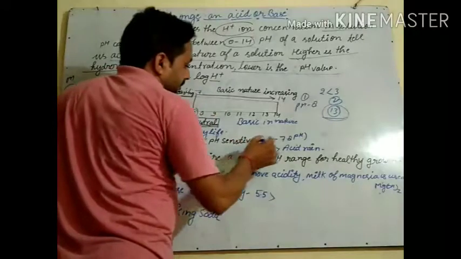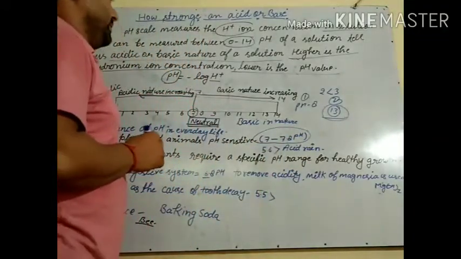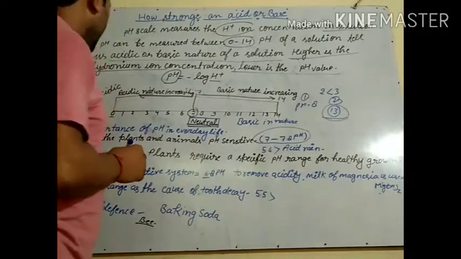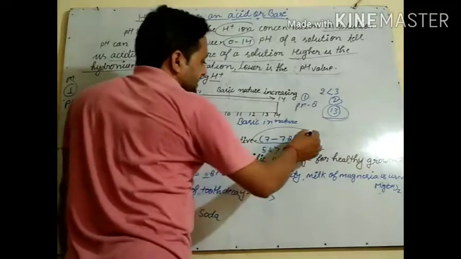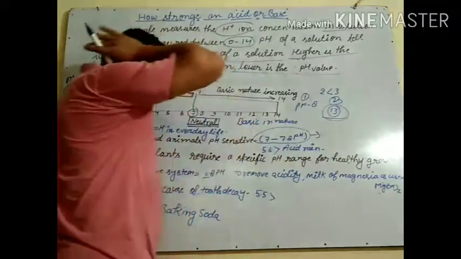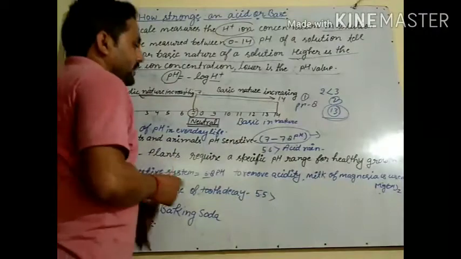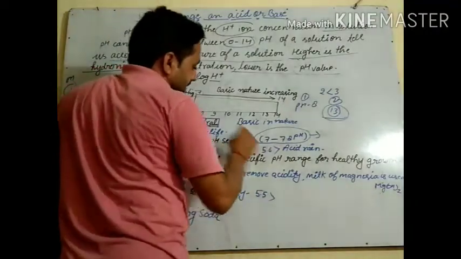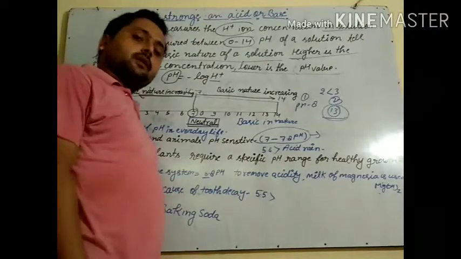Here we are sensitive at 7 to 7.8 pH. If our body pH is 7 to 7.8, we can survive very easily. If the pH of water is less than 5.6, that causes acid rain.